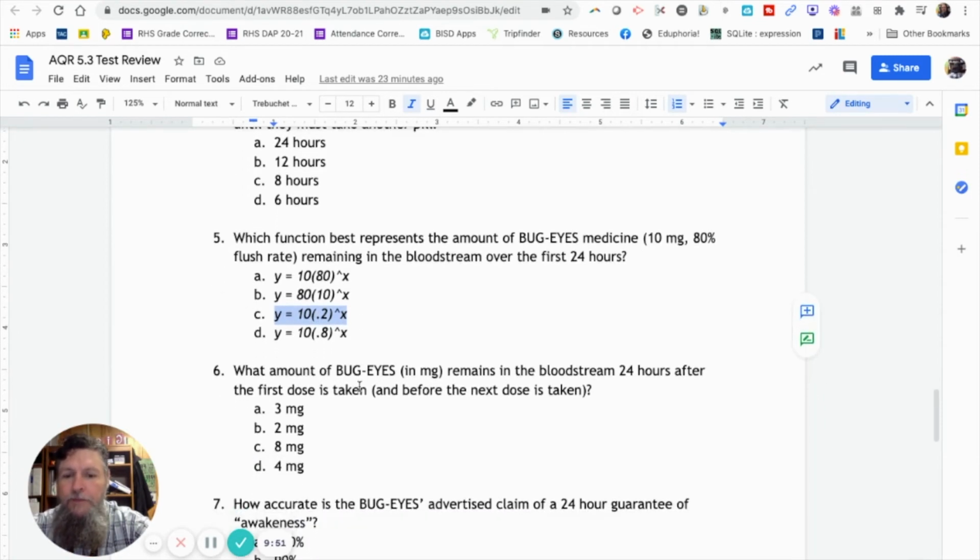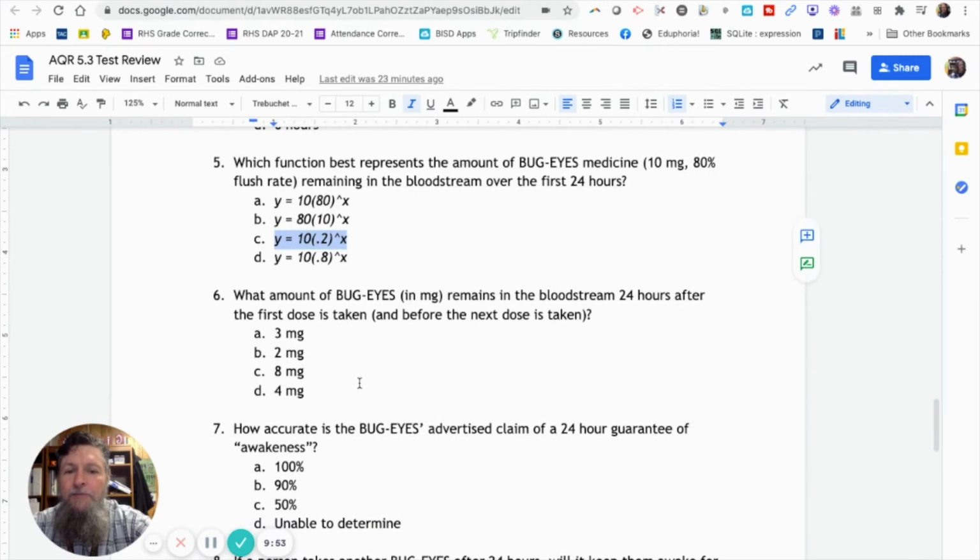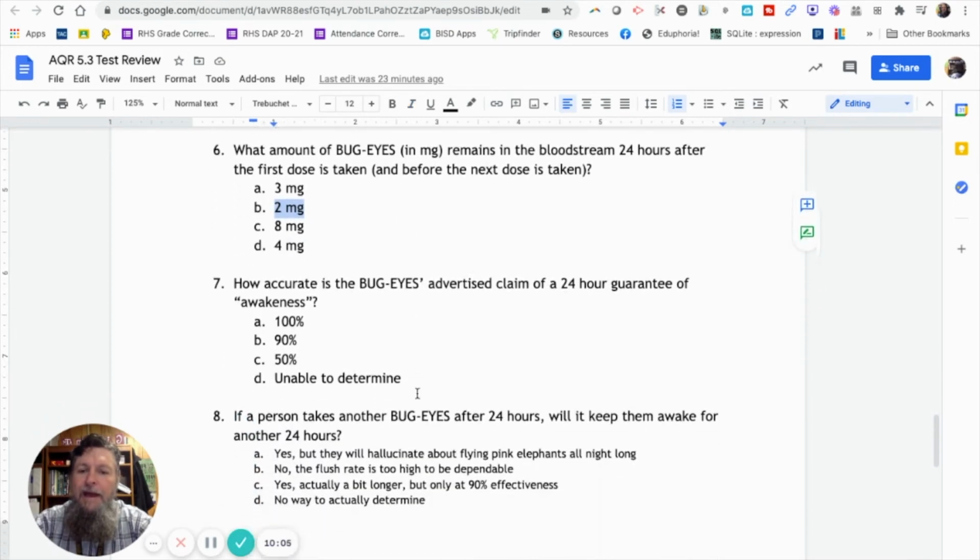All right. What amount of Bug Eyes in milligrams remains in the bloodstream 24 hours after the first dose is taken and before the next dose is taken is obviously 2 milligrams. 20% of 10 milligrams is 2 milligrams. All right. How accurate is the Bug Eyes advertisement of a 24-hour guarantee of awakeness? Is it 100%, 90%, or 50%?